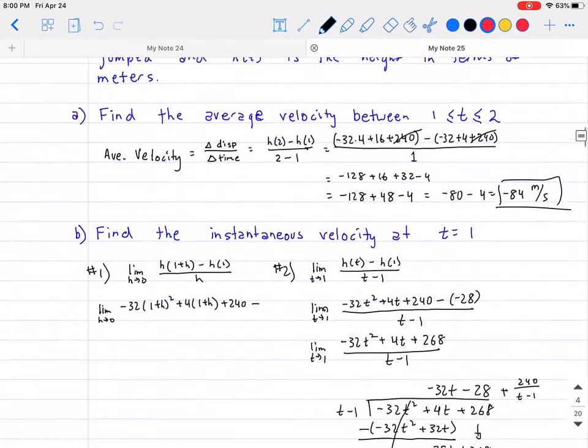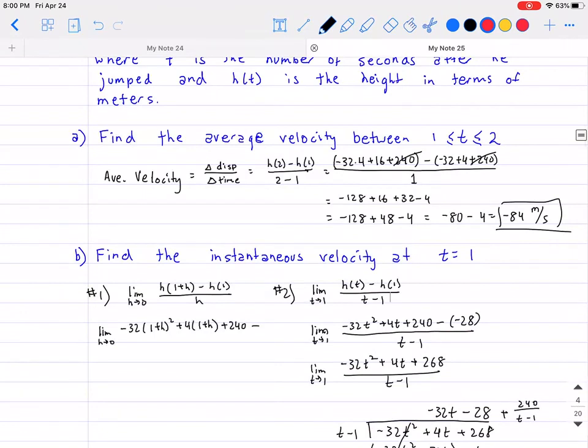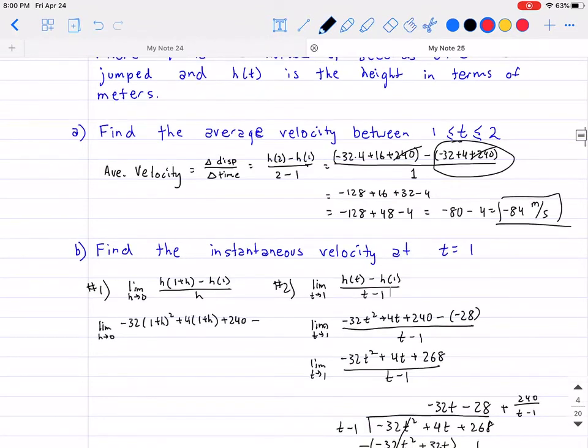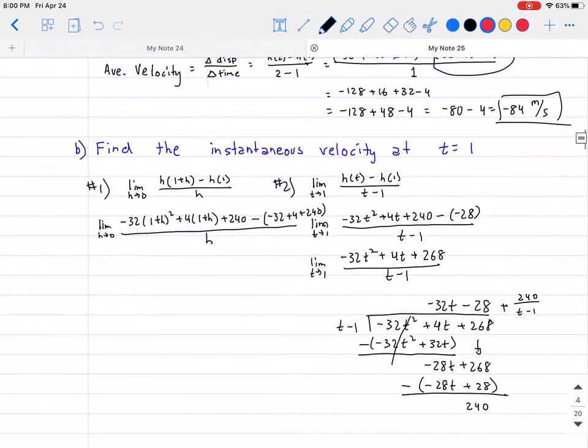So h of 1, oh, I think I see my mistake from earlier, because h of 1 is actually something else. H of 1 is going to be this whole thing. So that's where I made the mistake. I can probably clean that up in a little bit. Let's write that out: negative 32 plus 4, and then plus 240, and then all divided by h.